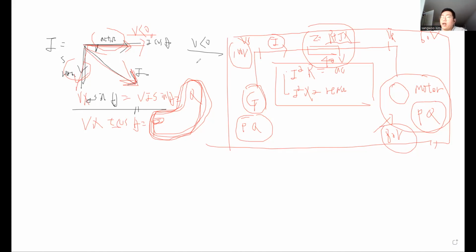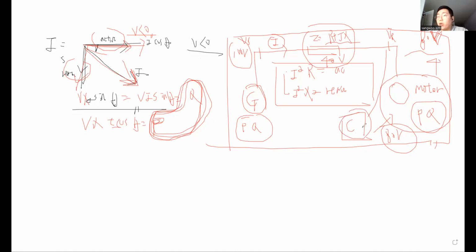So we decided to install some specific equipment. You have generally heard of a capacitor bank. For example, from this part, we added a capacitor bank here. After that, the load side voltage goes up because of the capacitor. We call this a phase modifying equipment.